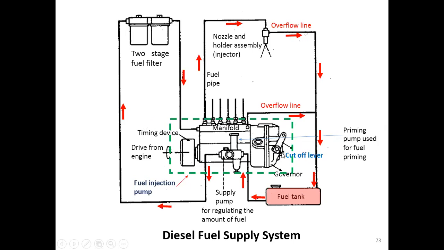And if you remember this word, cut-off, from thermodynamics, we use this cut-off here for this lever. The reason is that when you study the diesel cycle, there is one parameter called the cut-off ratio.